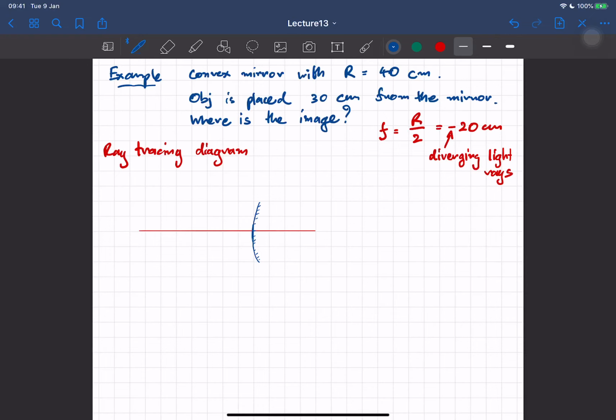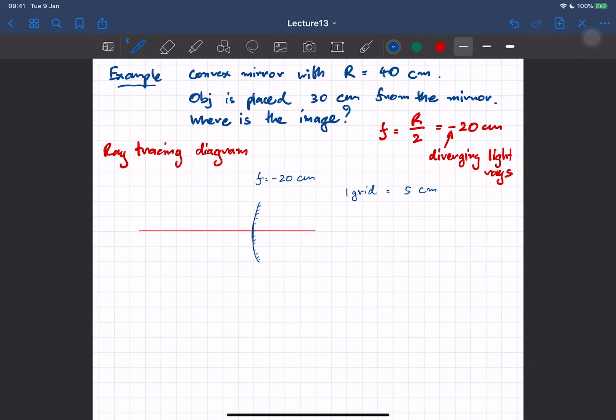So that's the curved mirror. And I would say f equals minus 20 centimeters like this. Okay, let's call one grid equal to 5 centimeters.